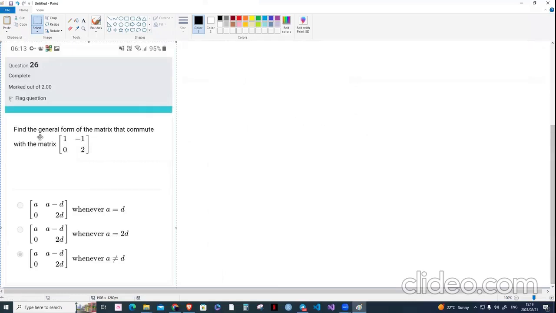Question 26: find the general form of the matrix that commutes with this one. So you need to understand what this question is asking for. It says you must find the general form of the matrix that commutes. Basically, remember we have AB is not equal to BA, in general.